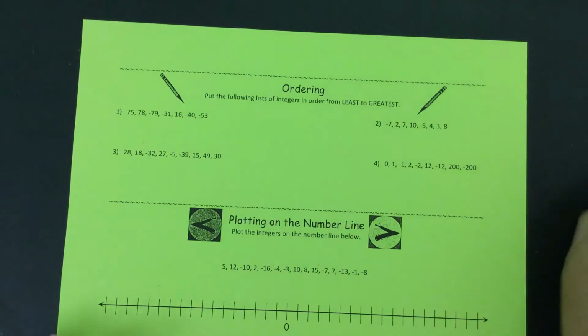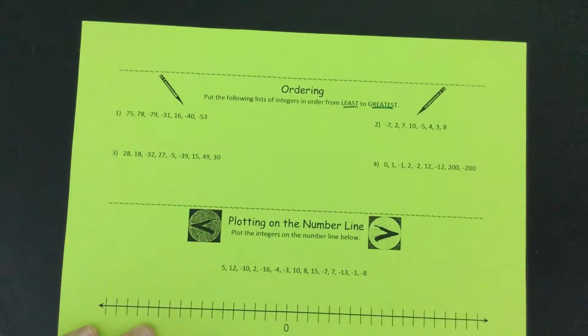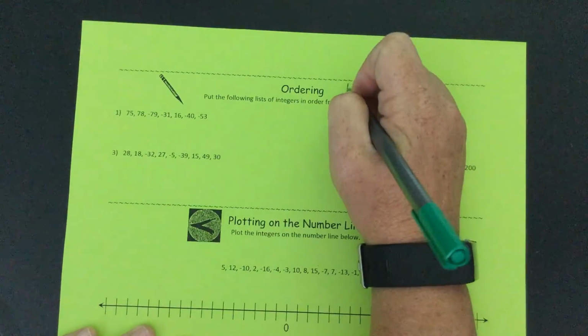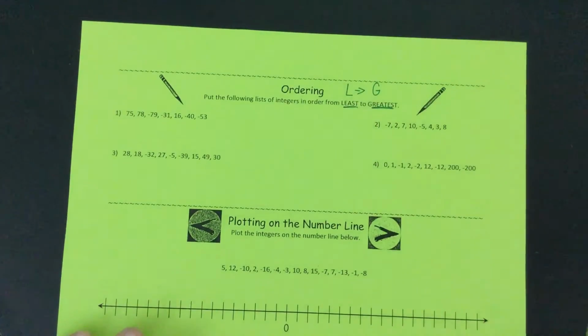Notice what order am I putting them in? Least to greatest. So the very first thing I'm going to do is put L to G, because I don't want to forget that. Go ahead and put them in order from least to greatest, and then we'll come back and go through these.